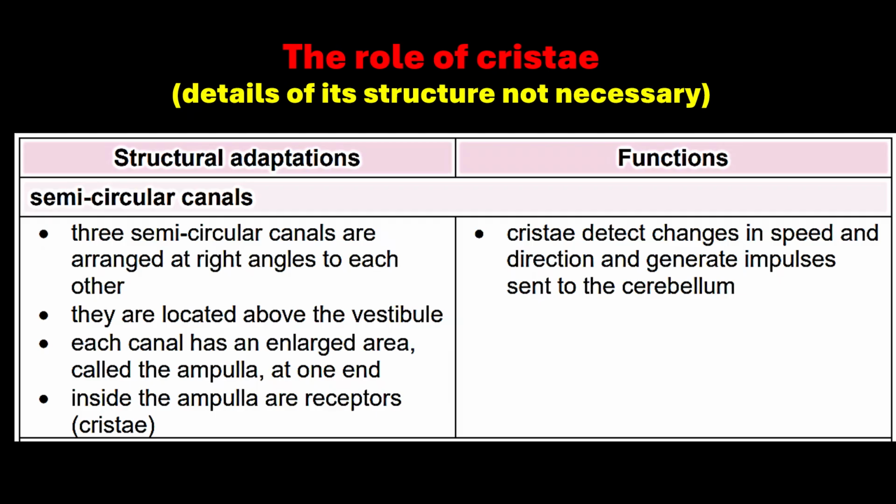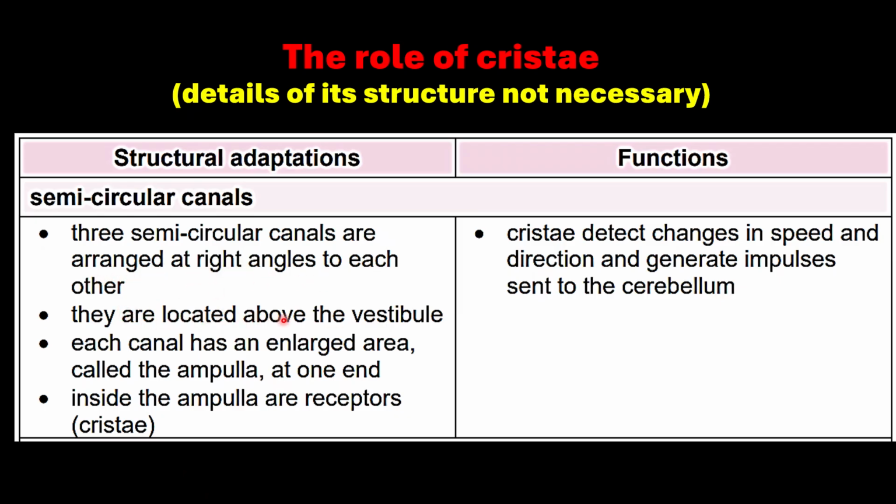Good. So, according to the exams guide, you don't have to know the details of the structure of the cristae here. We have only the structural adaptation. So when it comes to the semicircular canals, it consists of three semicircular canals, and they are arranged at right angles to each other.